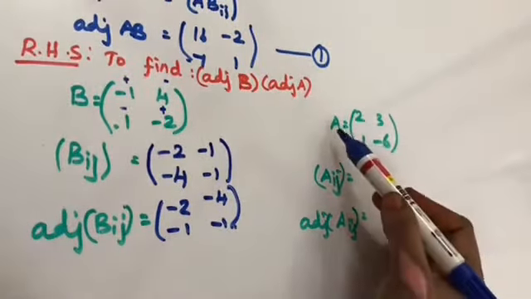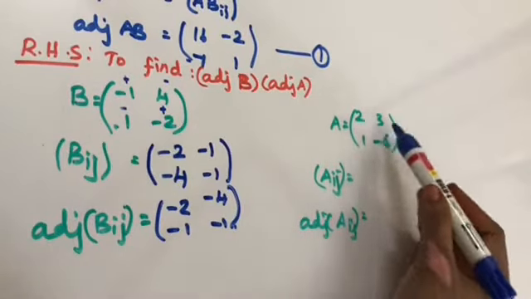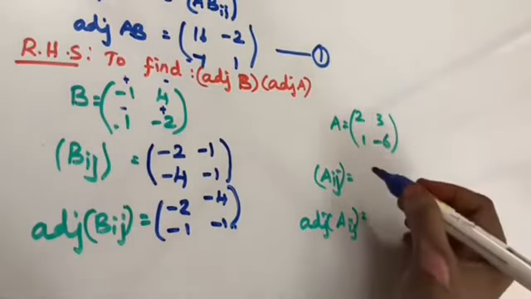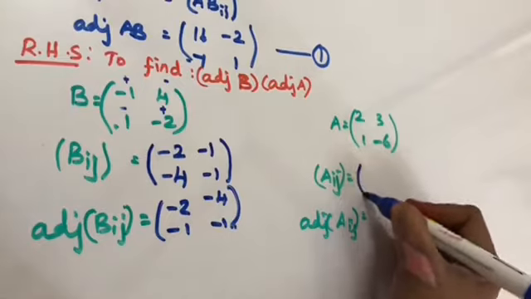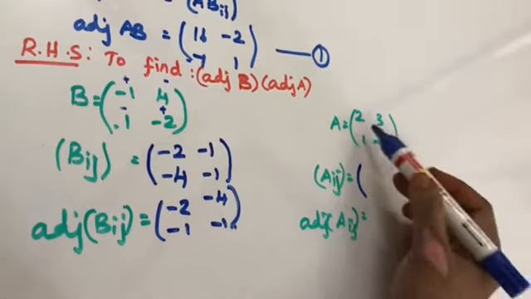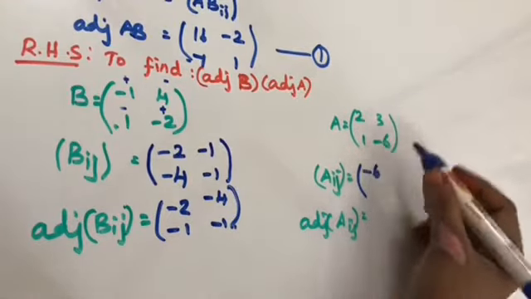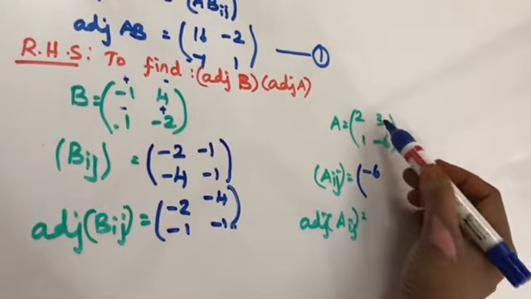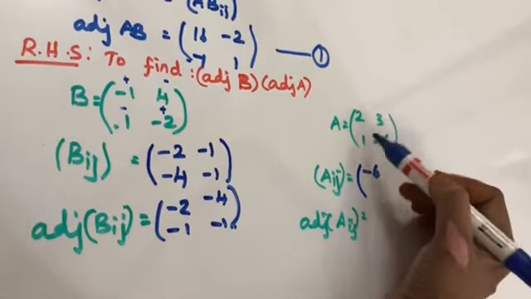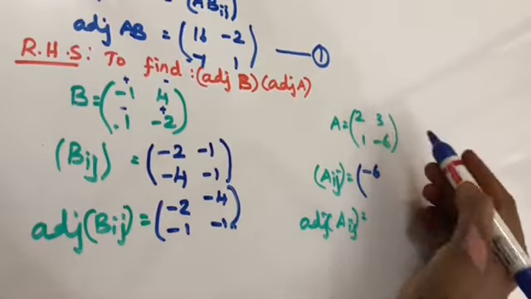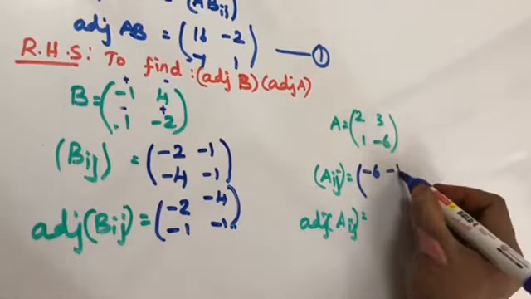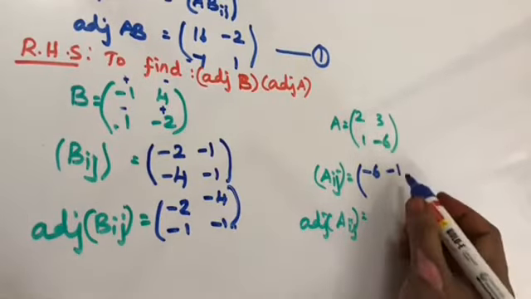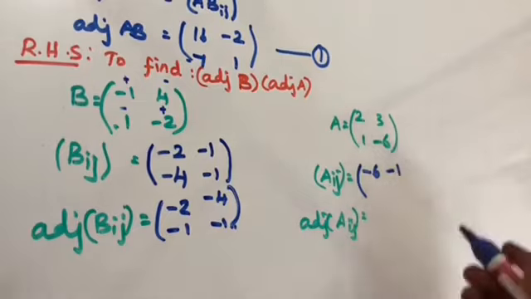Similarly, we have the A matrix: 2, 3, 1, minus 6. We have to write the cofactor matrix now. What is the cofactor of 2? It is minus 6. What is the cofactor of 3? It is 1, but in this place it carries a negative sign, so minus 1. You have to write with the opposite sign.